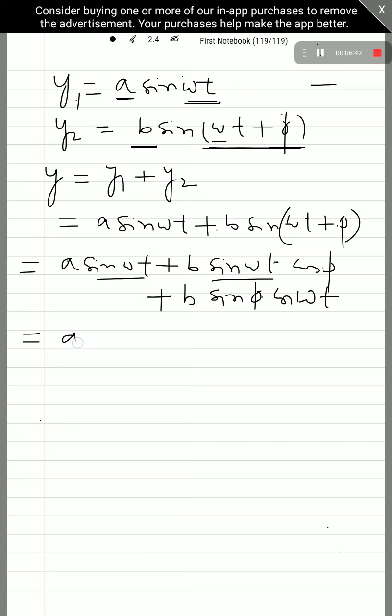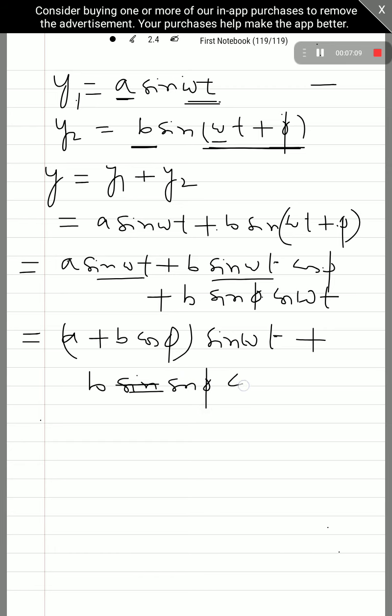So I'll take it common, it will become (A plus B cos phi) times sin omega t, plus B sin phi cos omega t. This is y, the superposition of the two sources y1 and y2.